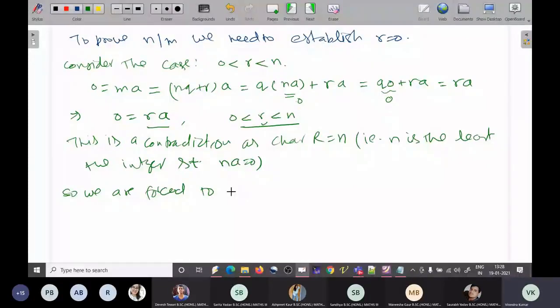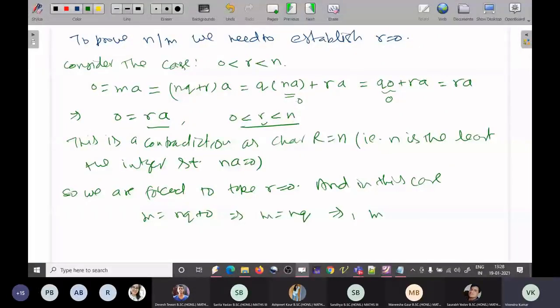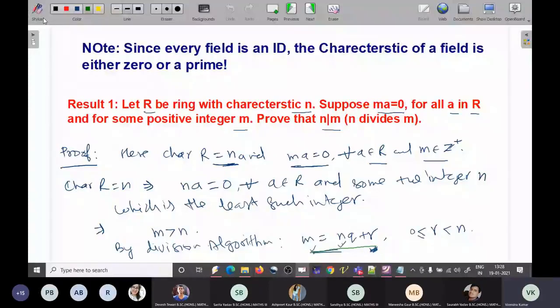So we have another result about the integral domain. If D is an integral domain and n times a equals 0 for some non-zero a in D, that is in the integral domain, and non-zero integer n, prove that D has a finite characteristic.